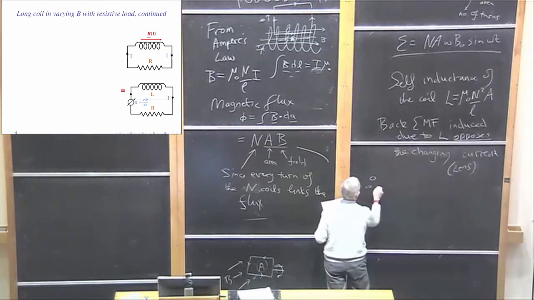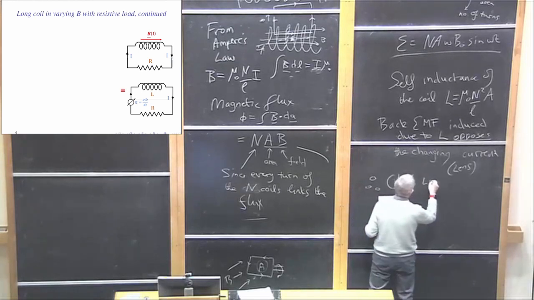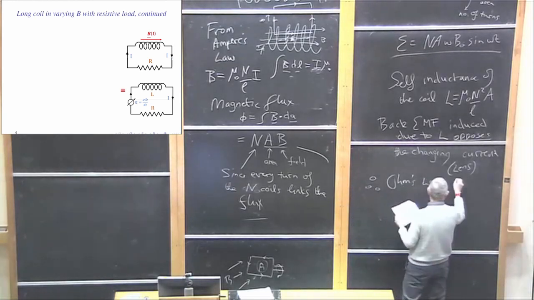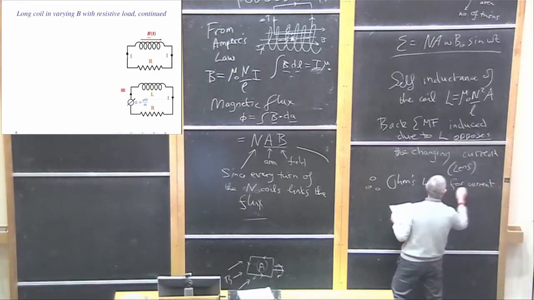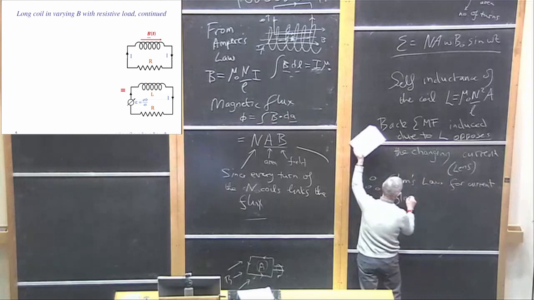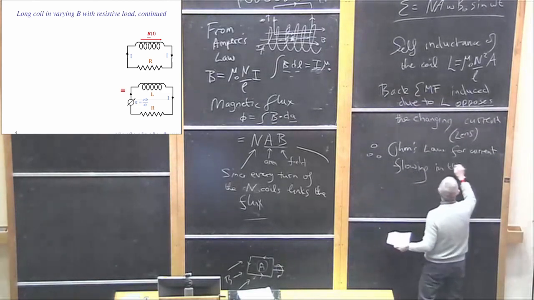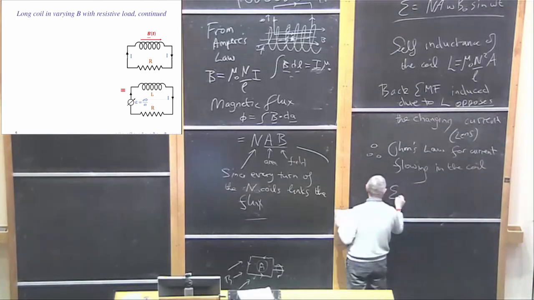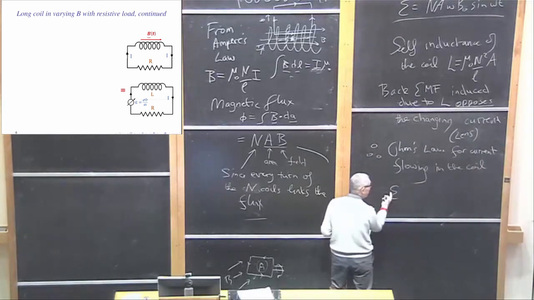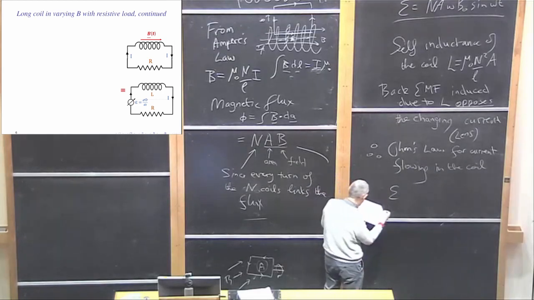Therefore, we can write down Ohm's law in this case, for current flowing in the coil. Right. So here is the battery term, the voltage generation.